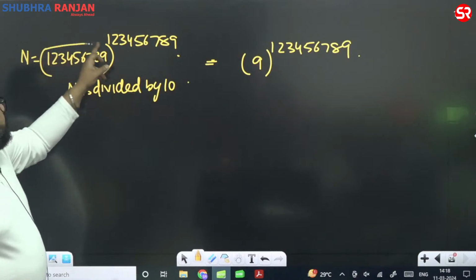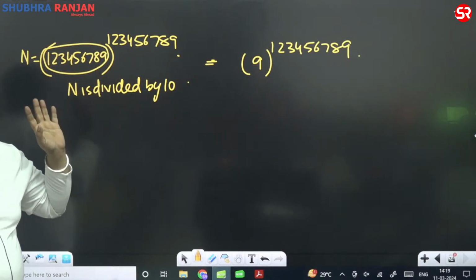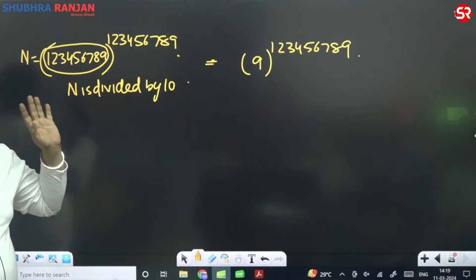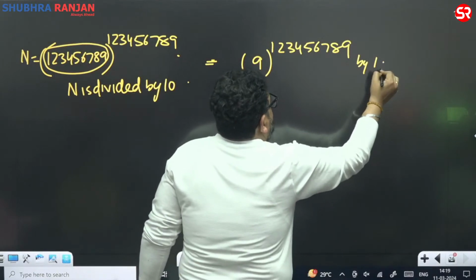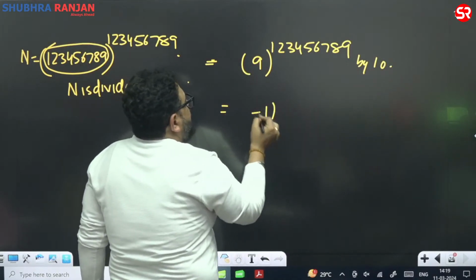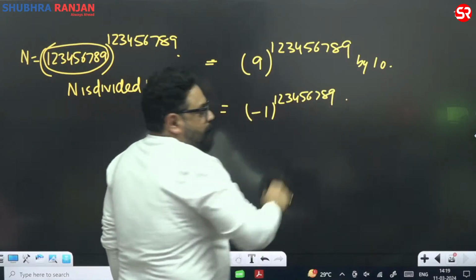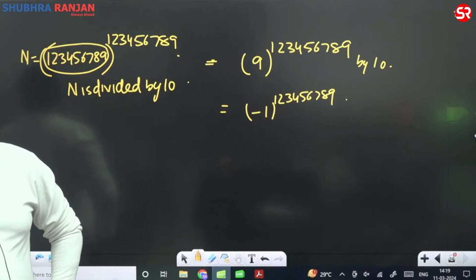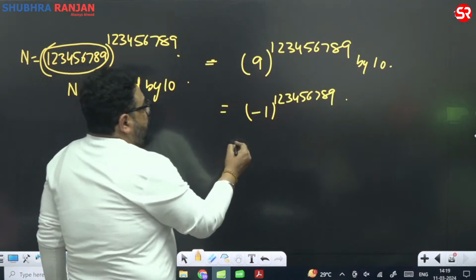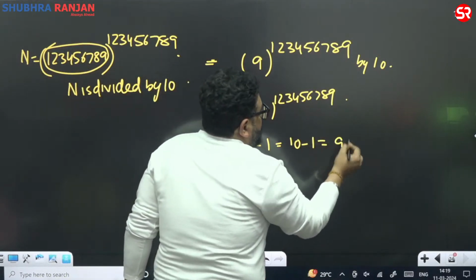The number this, when divided by 10, remainder is 9. Agreed? Now, 9 when divided by 10, it can be written as -1 to the power 1, 2, 3, 4, 5, 6, 7, 8, 9. Remainder is -1. And what is -1 to the power odd? -1, which would be 10 minus 1, which is equal to 9 as your answer.